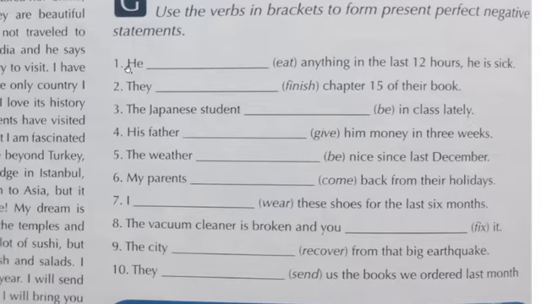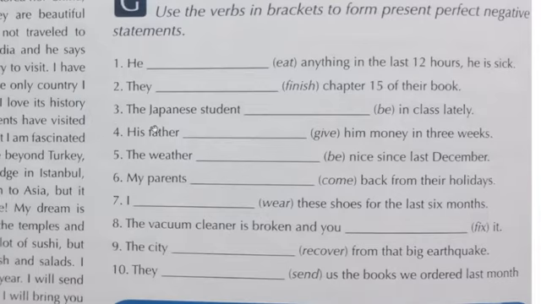He's sick. He hasn't eaten. Eat in present, eaten past participle. Number 2, they haven't finished chapter 15 of their book. Finished is a regular verb, so it ends with ed.